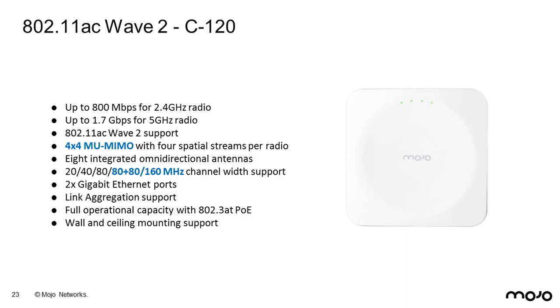So if you have AF PoE or regular standard PoE, you could install these. The AP would certainly work with some reduced functionality. And that's not unique to the Mojo 120. That's basically because all Wave 2 APs really need PoE plus to operate at full functionality.